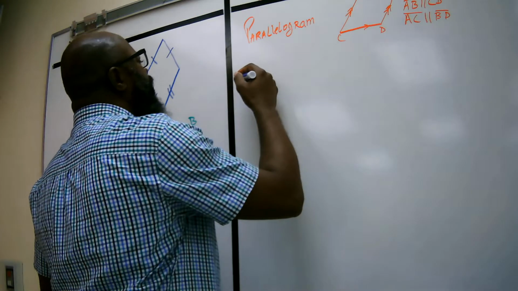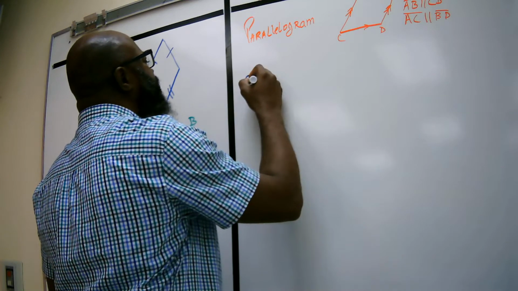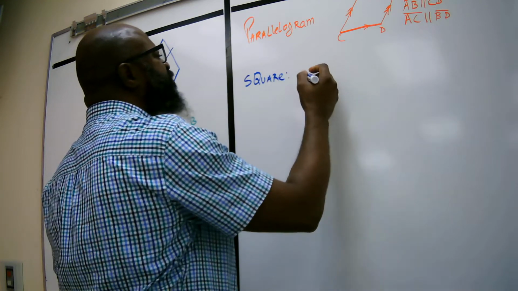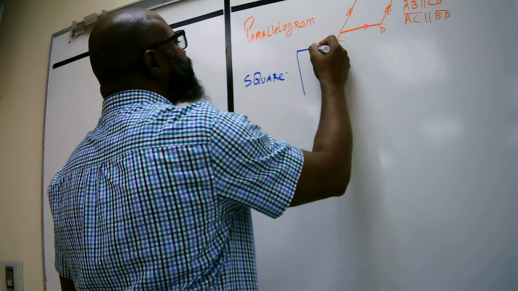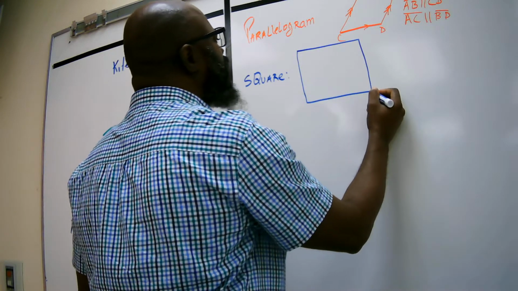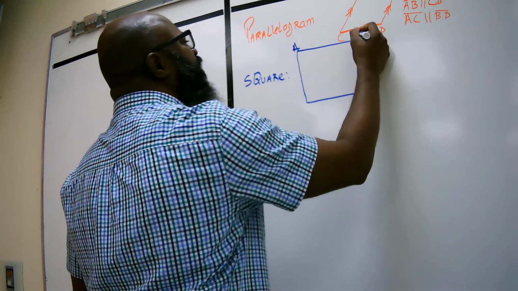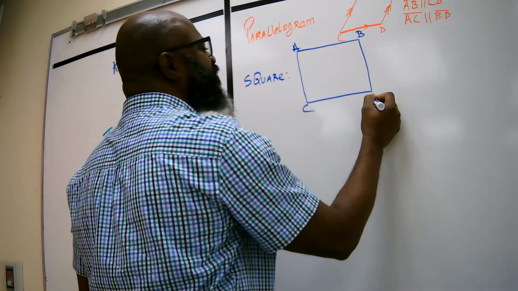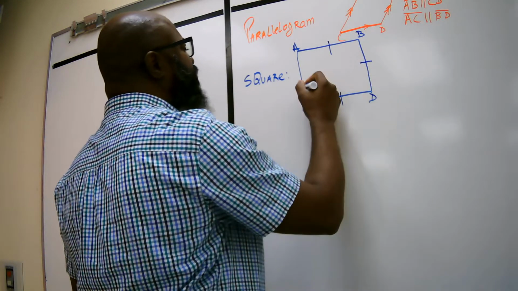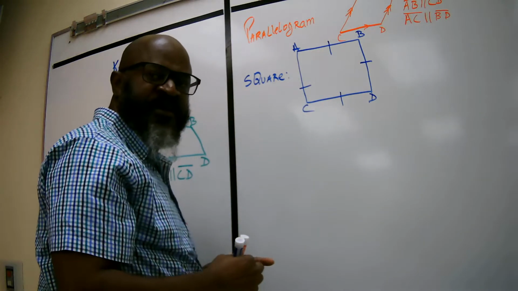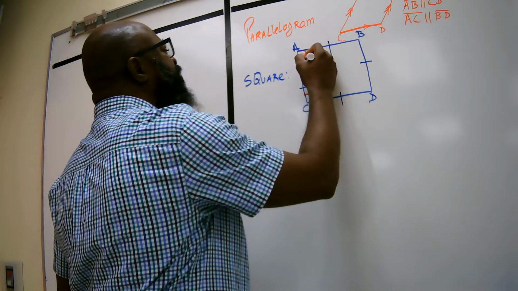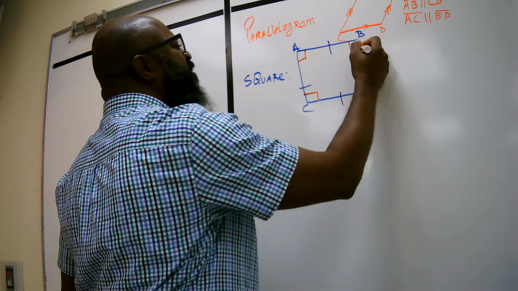Then we have what we call a square. To be considered a square, you must have 4 congruent sides and 4 congruent angles. All sides are congruent, and in addition to that, you have 4 right angles. In order to have right angles, you must have perpendicular lines.